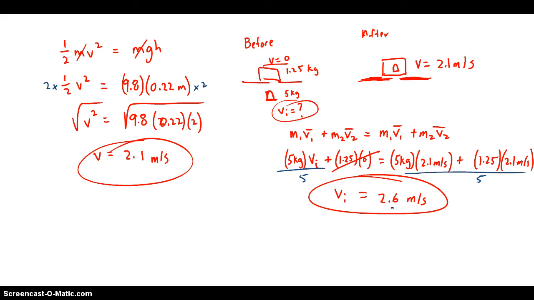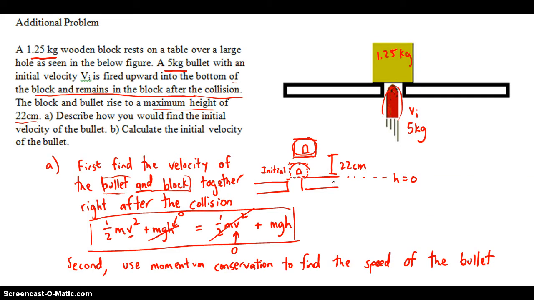Let's look back at what we did here. First, we used energy conservation. We knew the maximum height. If we know the maximum height, energy conservation is usually pretty good to use. You may have solved this problem, or there's another way to solve this problem using the kinematic equations.